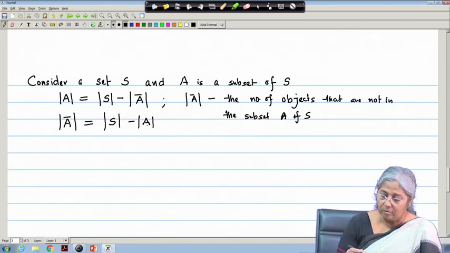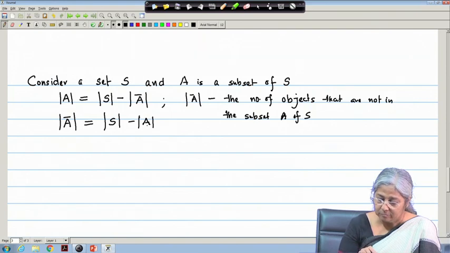So, we shall formulate the inclusion exclusion principle. Before that, we define a set having some properties.